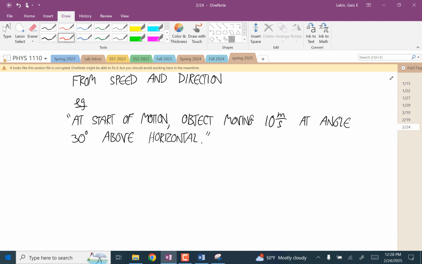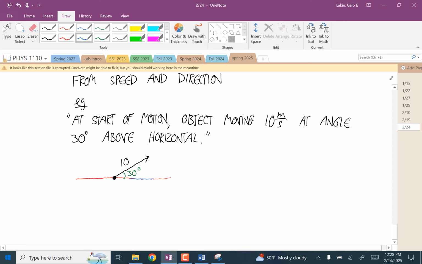Okay, so what that says is if this is the horizontal, like this is the ground, the object at the start of the motion has a velocity magnitude of 10 and makes an angle of 30 degrees with the horizontal or the ground like that.